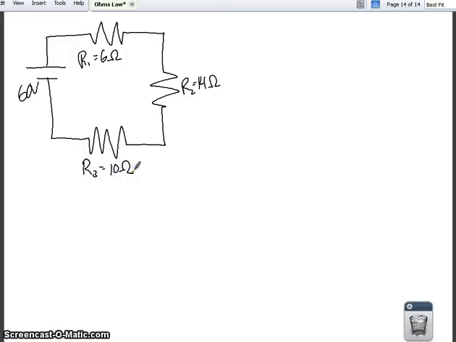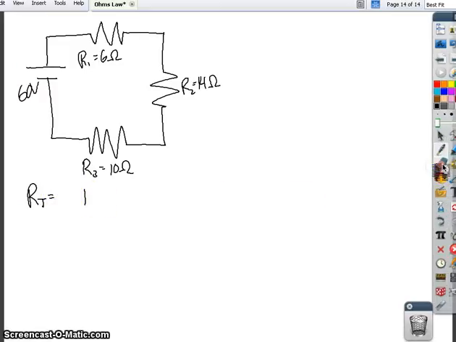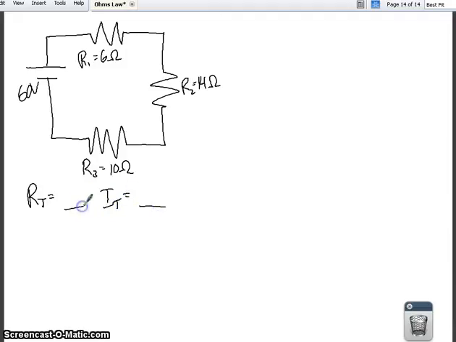Okay, so we are going to find the total or the equivalent resistance. We are going to find the total current, and we're going to find the total power. Okay?